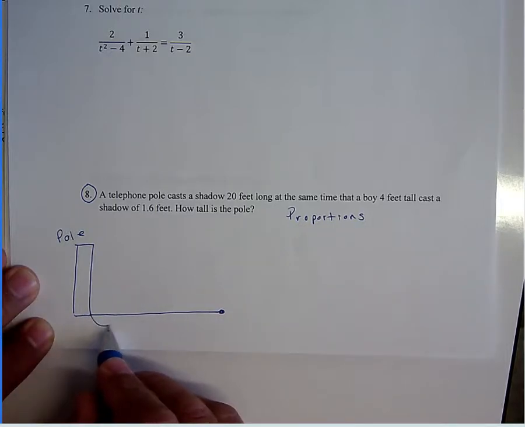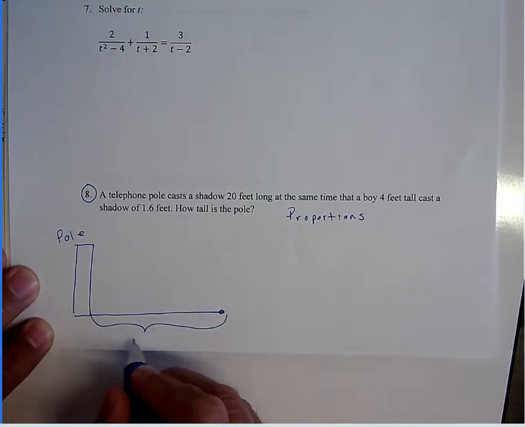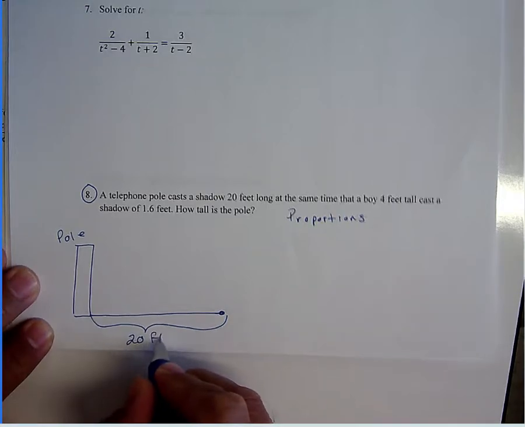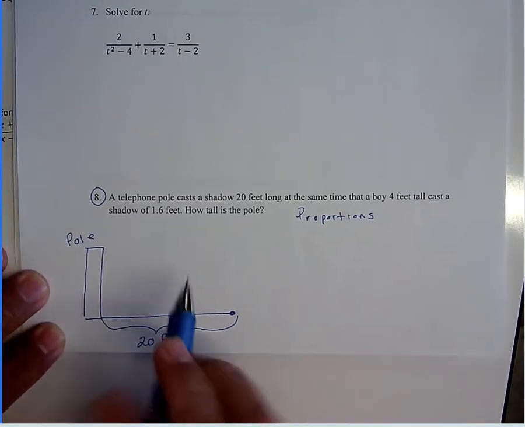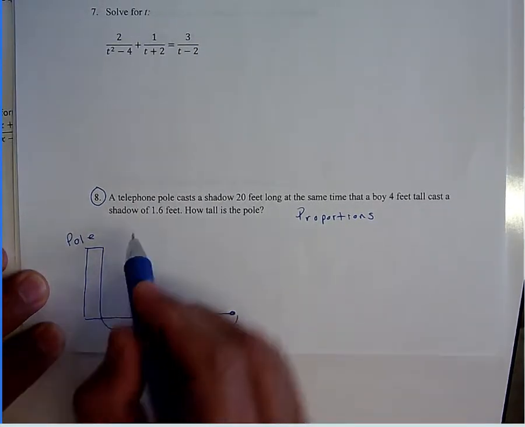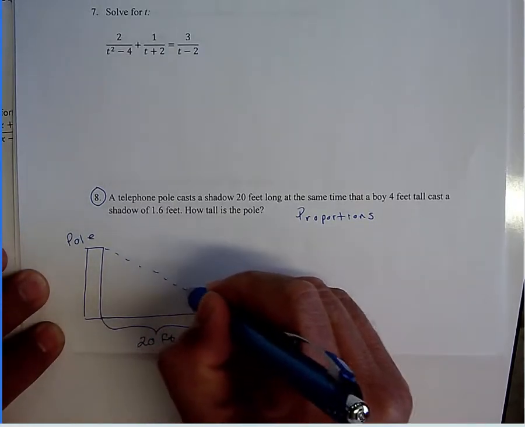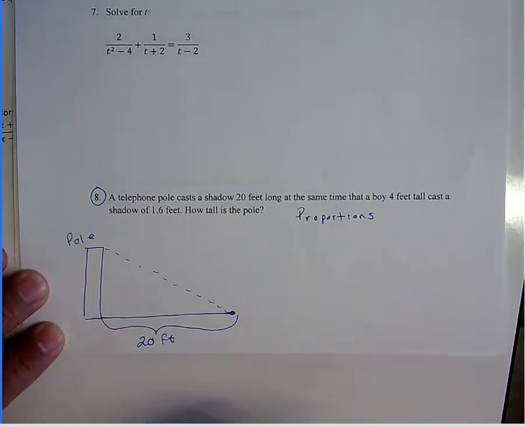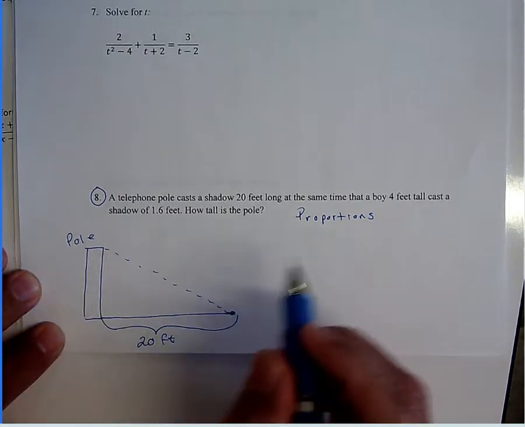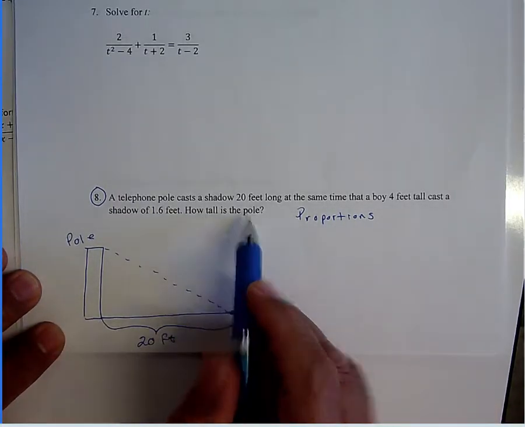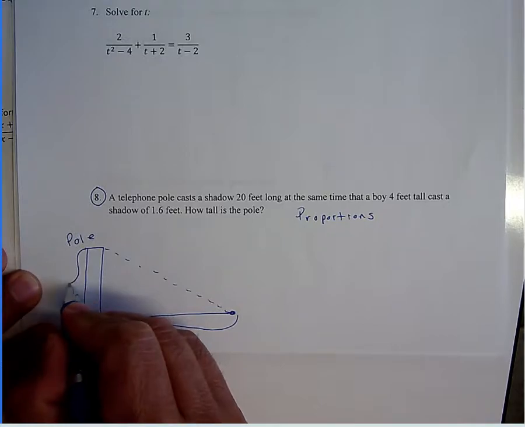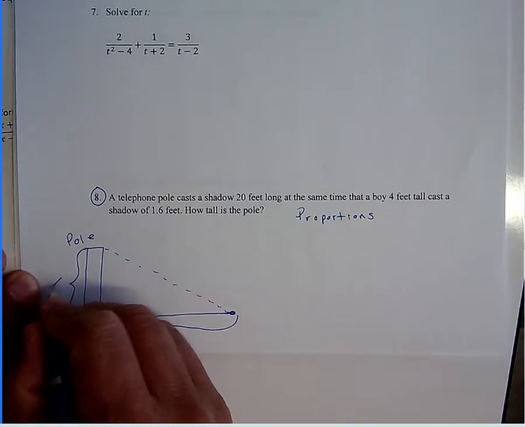So this distance here would be 20 feet. And then you have this imaginary line here, like that. So how tall is the pole? So this is the pole, and this is what they're looking for. This is the x.